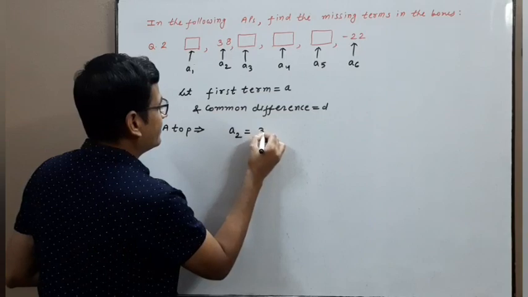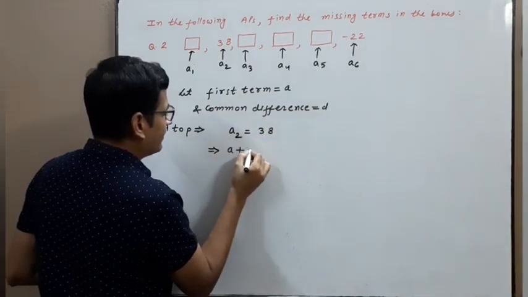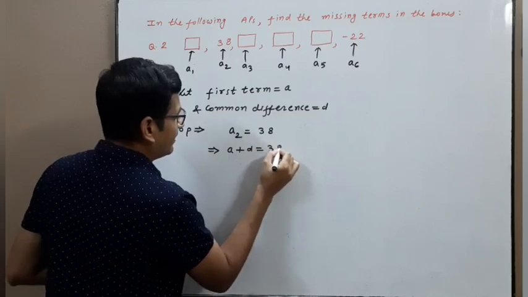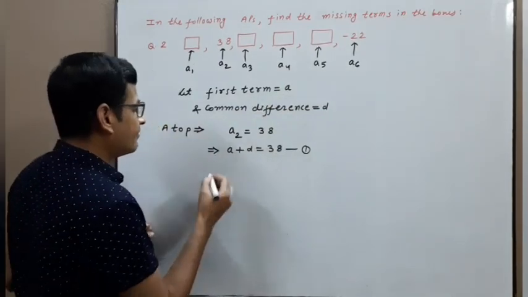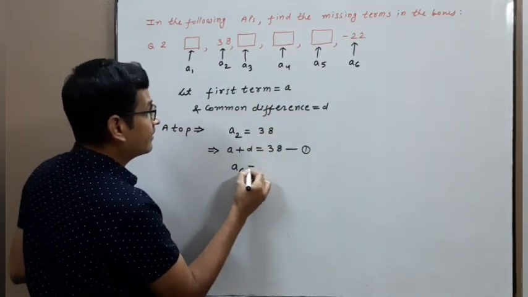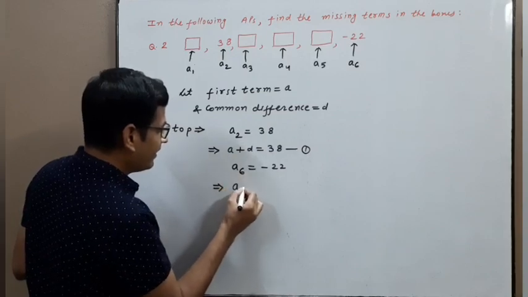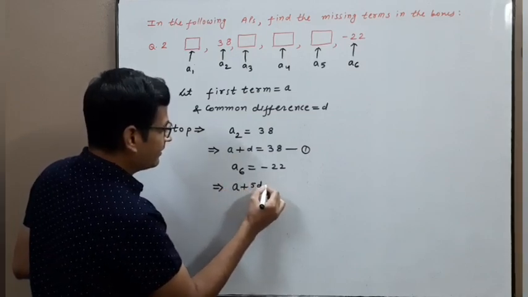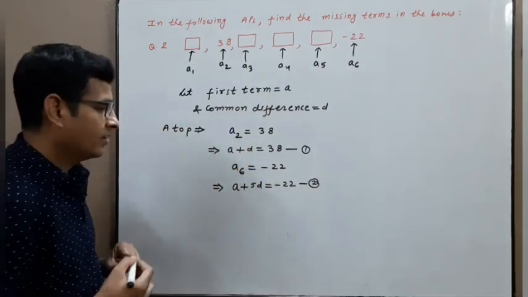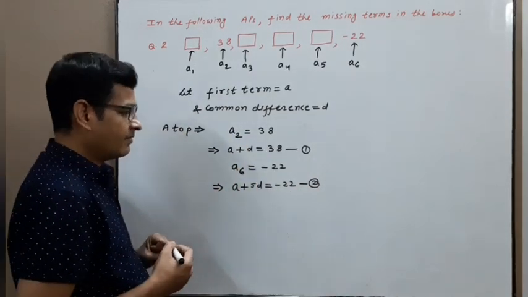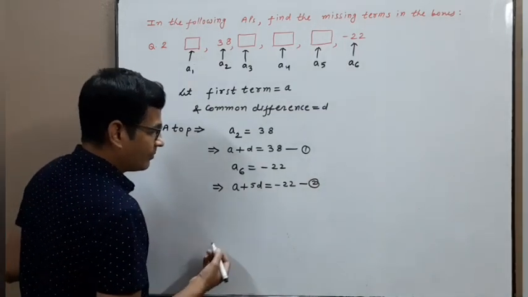Second term is 38, and second term means A plus D equal to 38. Call it equation number 1. And the sixth term is minus 22. Sixth term means A plus 5D equal to minus 22. Call it equation number 2. Now solve these two equations and find the values of A and D.